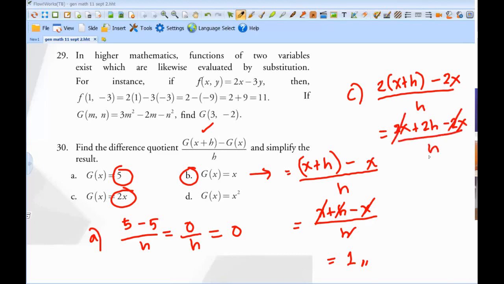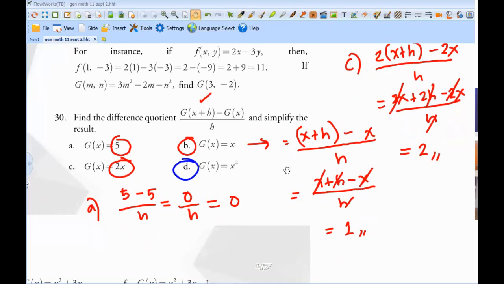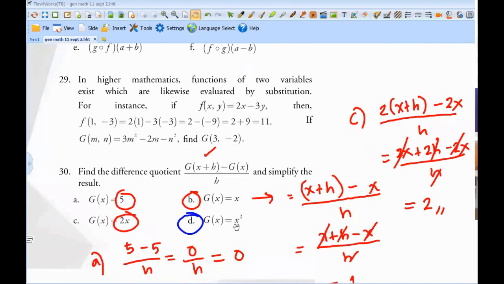So cancel this and it becomes 2. Right? So solve letter D. It's the same thing as what we have done last time. x squared. Whatever your x is should be x plus h. Right?